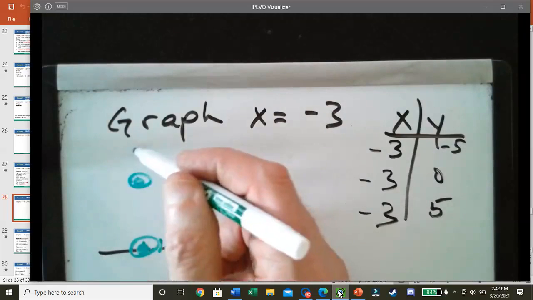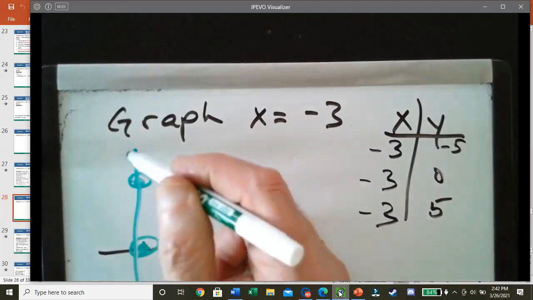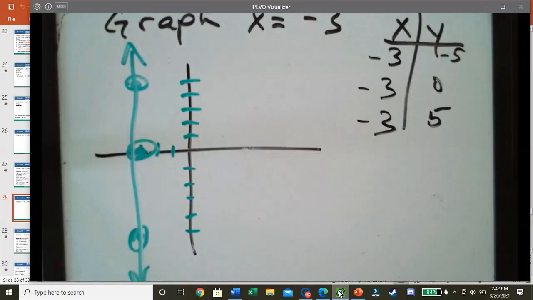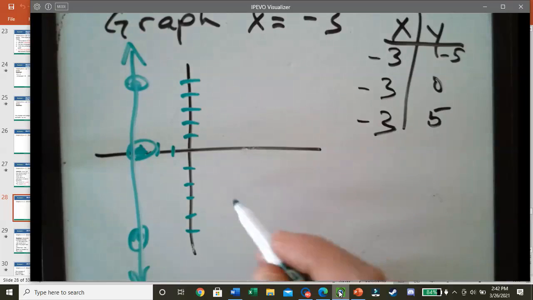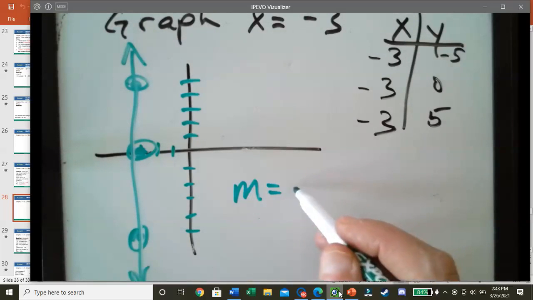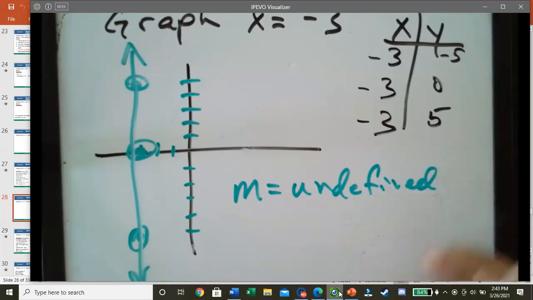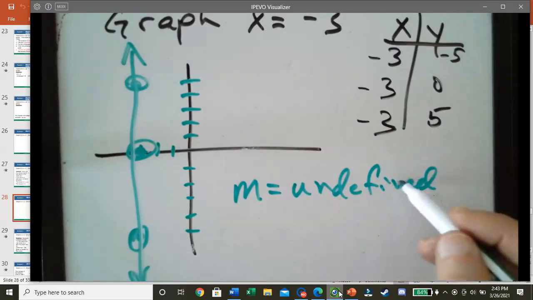So what kind of line do we got this time? You got a vertical. Vertical line, right? And vertical line, the slope is undefined, right. Slope is undefined.